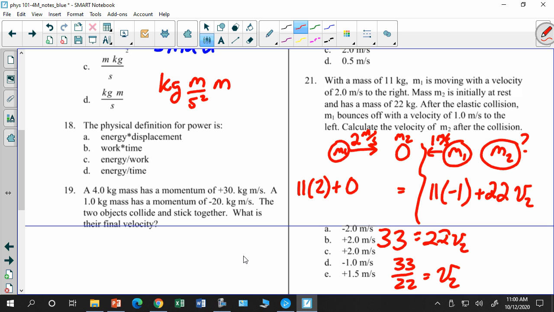So it's going to be 3 halves, 1.5 meters per second. And it came out positive, so that's how the sign is important there.